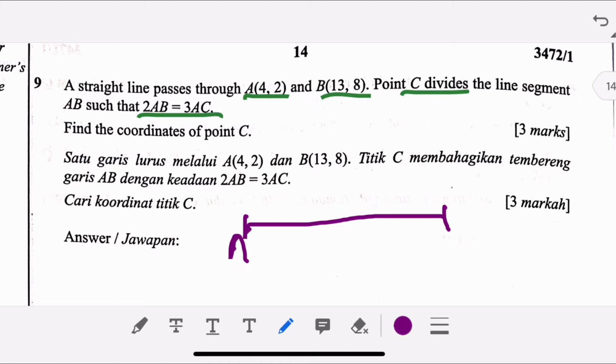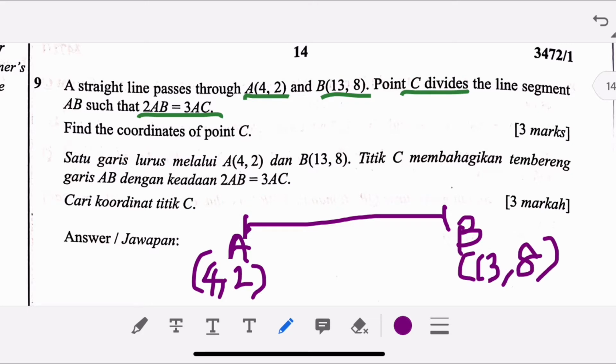So this is A, this is B. Let's label A as (4, 2) and B as (13, 8). I purposely make the line horizontal so that it is easy for me to focus on the right point. So point C is somewhere between A and B.